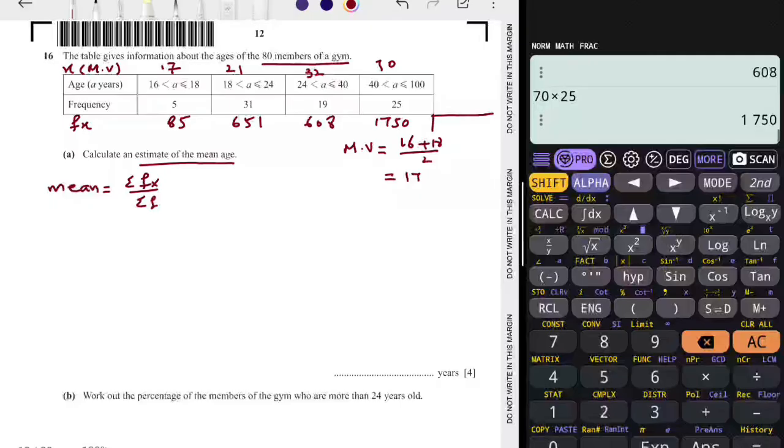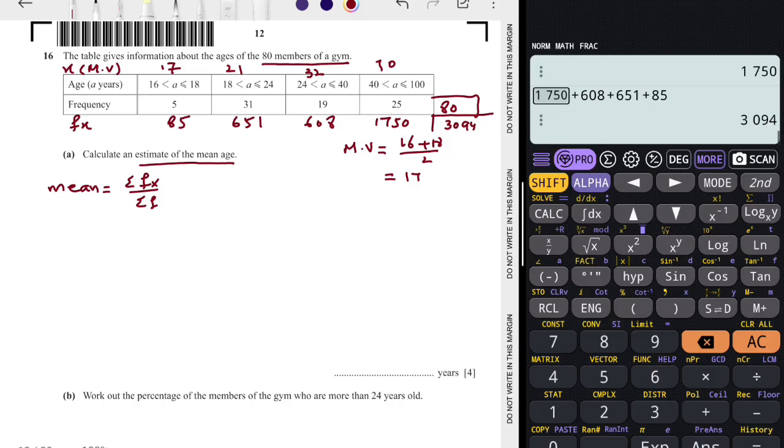So 1750 plus 608 plus 651 plus 85 is equal to 3094, and there are 80 gym members, so 80 would be the sum of frequencies.